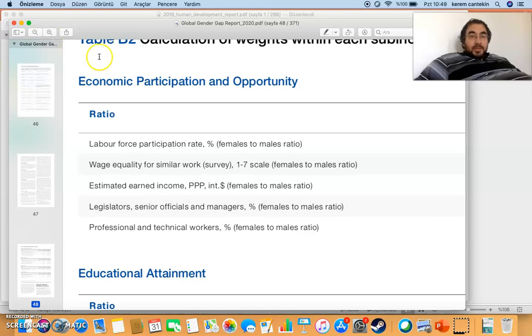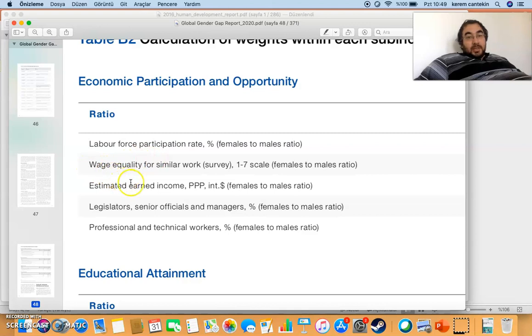Labor force participation rates, females to males; wage equality for similar work, on a 1 to 7 scale in terms of wage inequality; females to males estimated earned income, PPP, purchasing power parity.